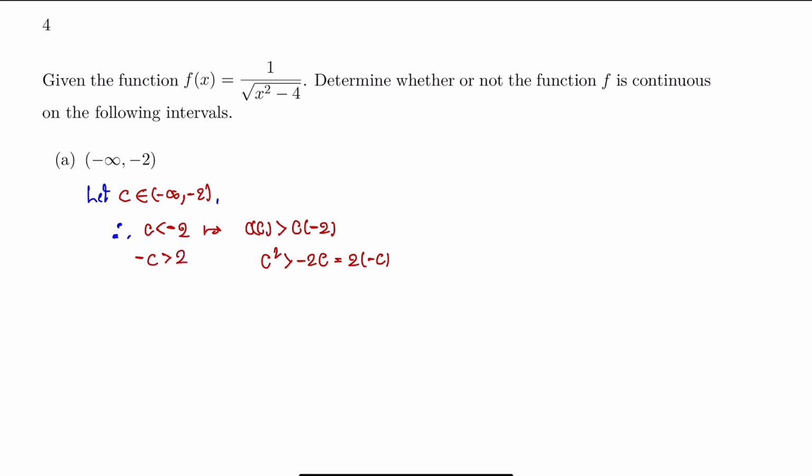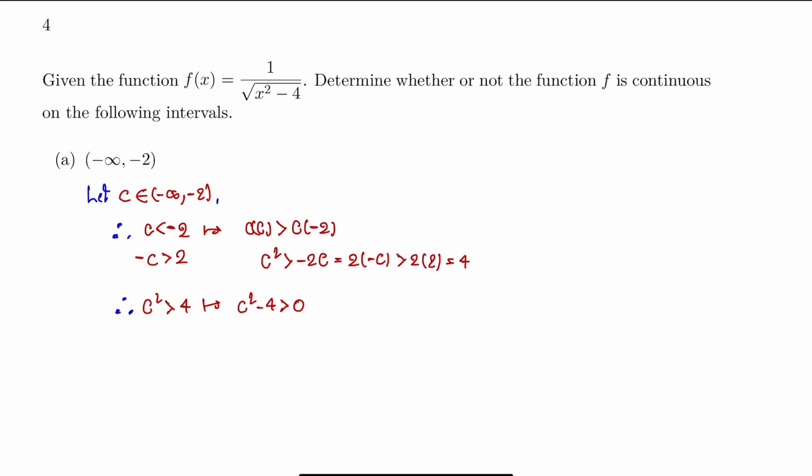So you're going to have 2 times minus c, but minus c is more than 2, so you're going to have more than 2 times 2, which is 4. That means that you're going to have c squared greater than minus 4, or you have c squared minus 4 greater than 0.